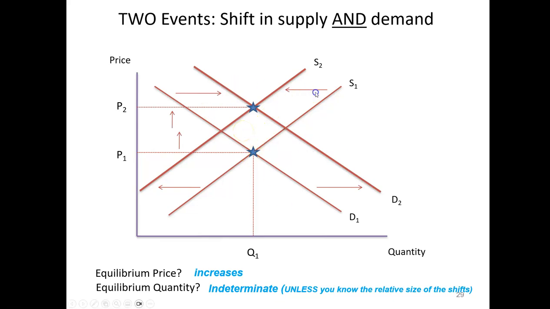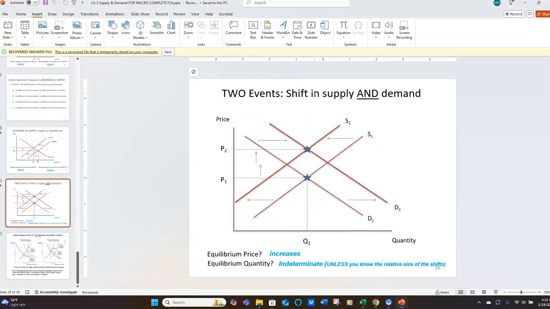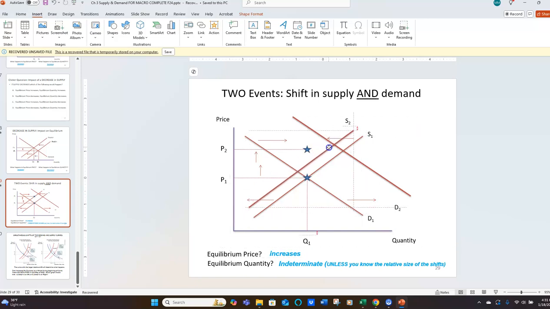I'm actually going to get out of presentation mode here for a second. What if instead we have a really big increase in demand, but a really small decrease in supply? Our equilibrium is now here, and our equilibrium quantity would have increased because the demand increase was very profound, but the supply decrease was very small, so the demand dominated.